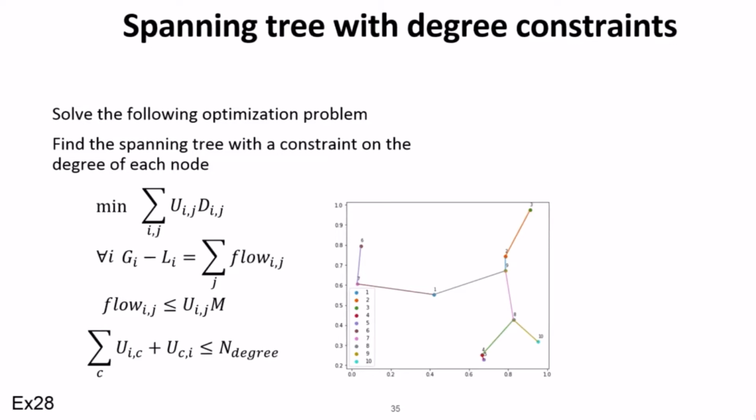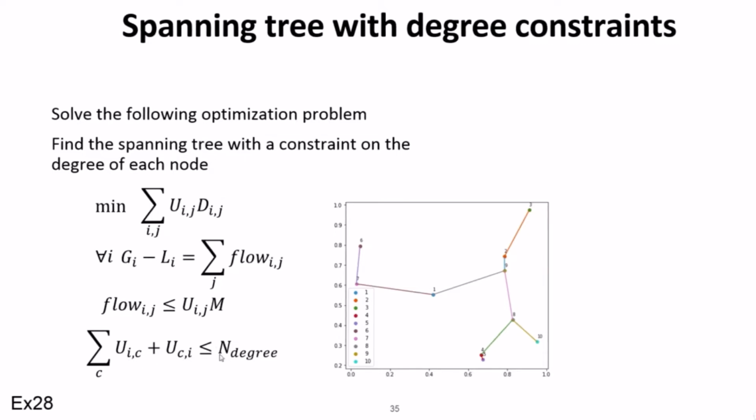In order to do so, we have to limit the number of edges that can be connected to each node. So for each i, we can write down such a constraint: u_ic plus u_ci should be less than or equal to the max degree, and the summation is done over all the c except i.